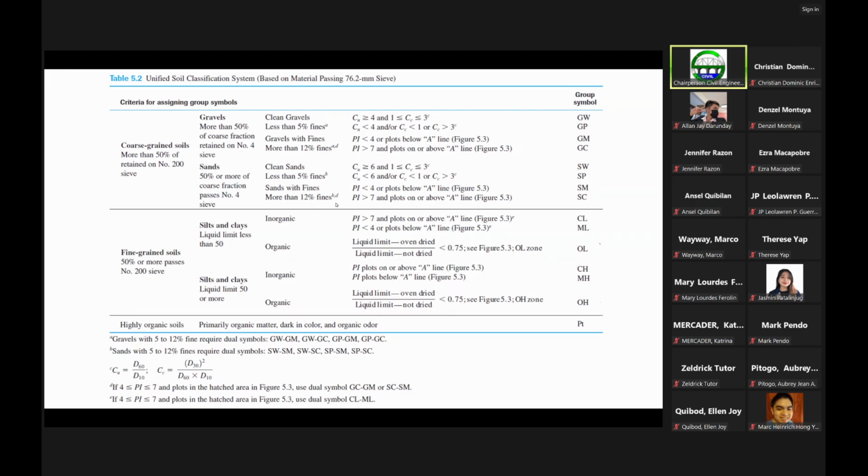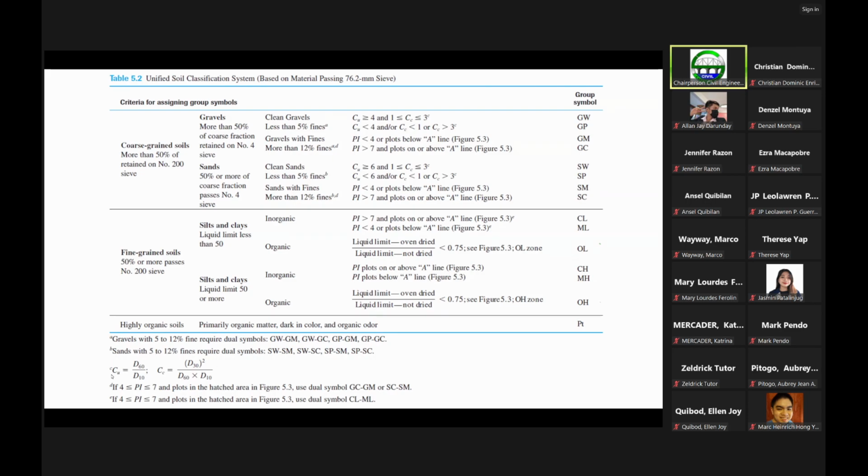Before we go to D, here you have the descriptions first. For example, in the clean gravels, if the CU is greater than or equal to 4 and the CC is greater than or equal to 1 but less than or equal to 3, if you recall, this is the uniformity coefficient, from our first lesson, and this is the coefficient of gradation.